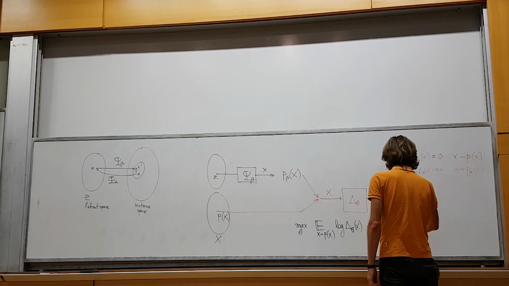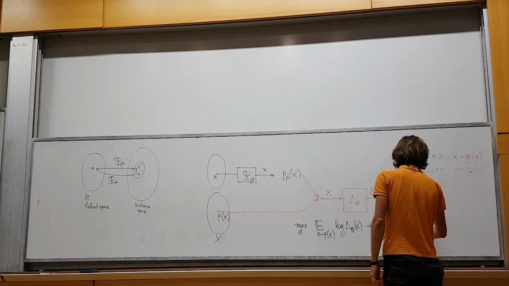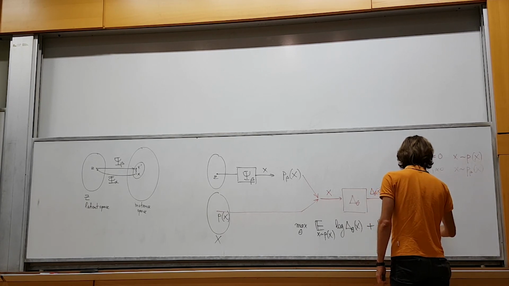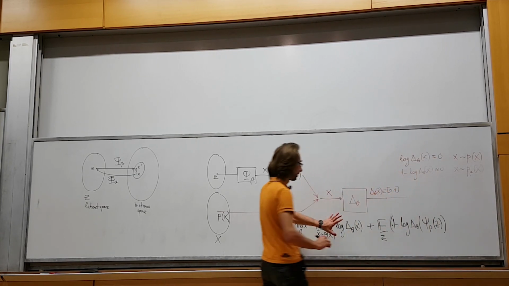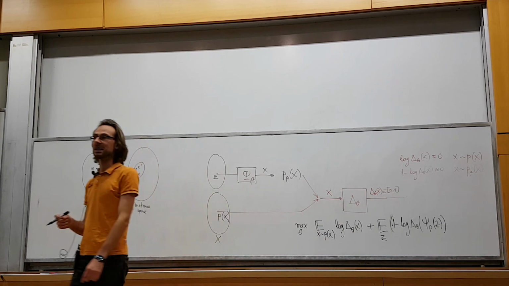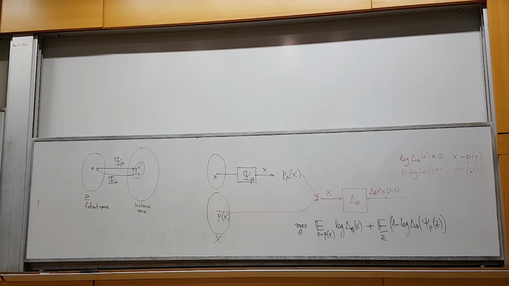Okay, so it's log of 1 minus D_theta of psi_beta(z). So basically the first term corresponds to the real data that I'm taking from my instance space x, and the second term corresponds to the generated data.